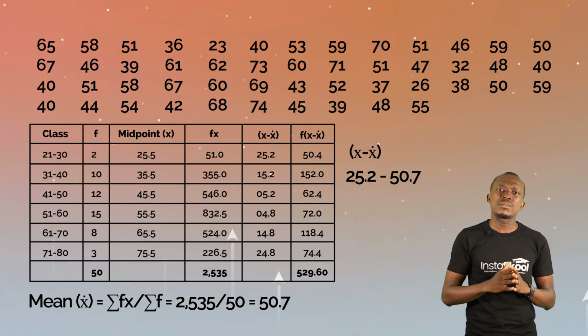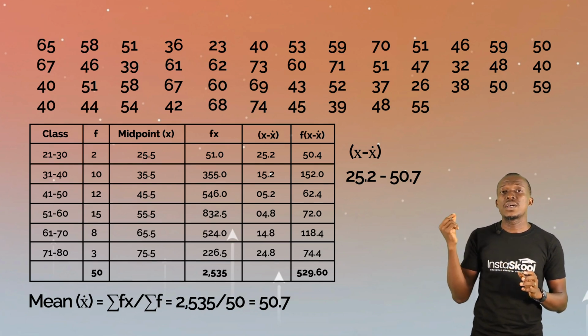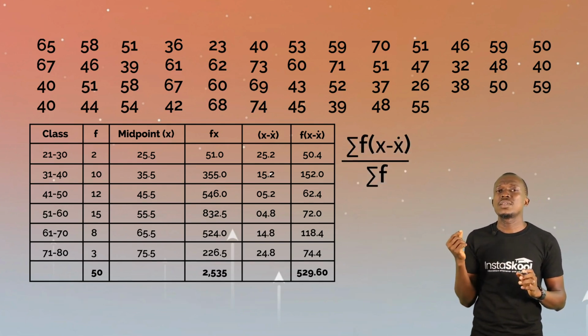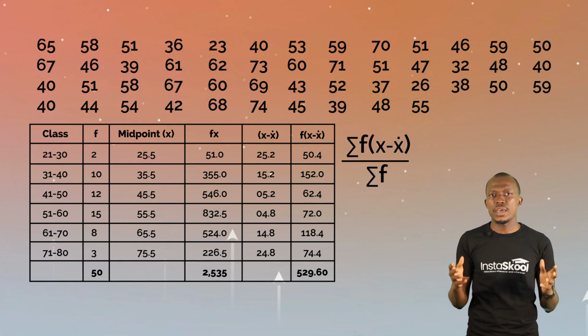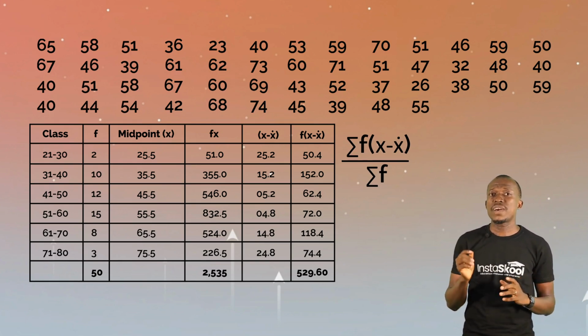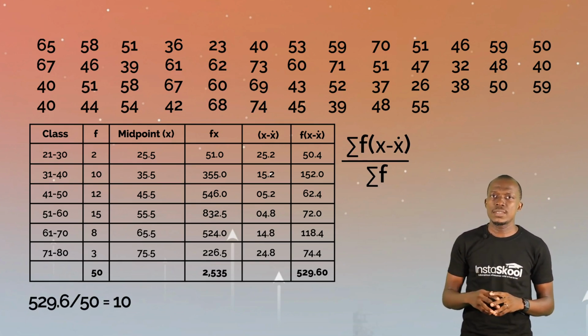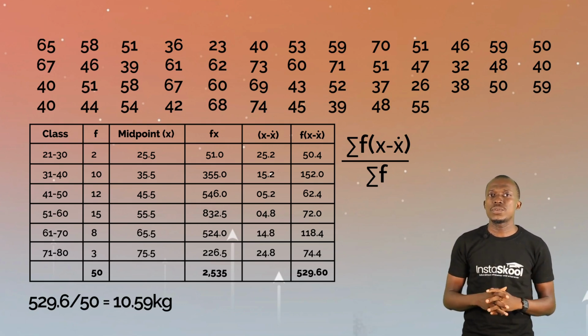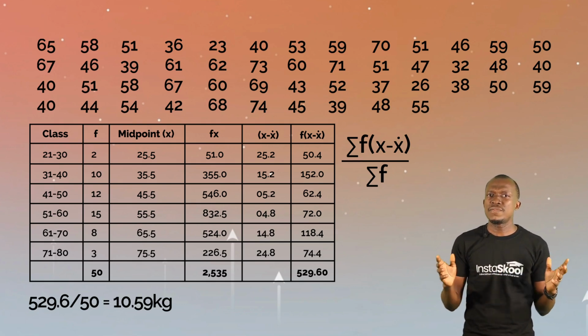So finally, we divide our summation f into brackets x minus x bar divided by summation f. So that gives us 529.6 divided by 50, which gives us 10.59. I believe you understand these processes.